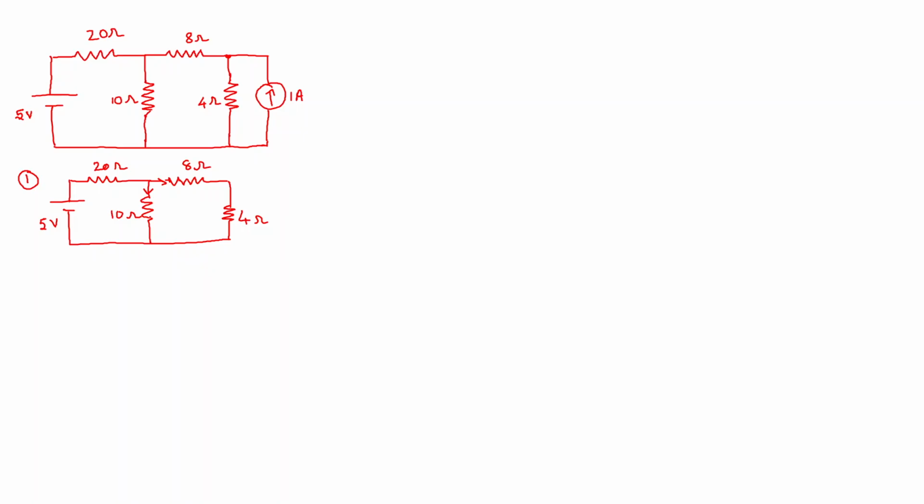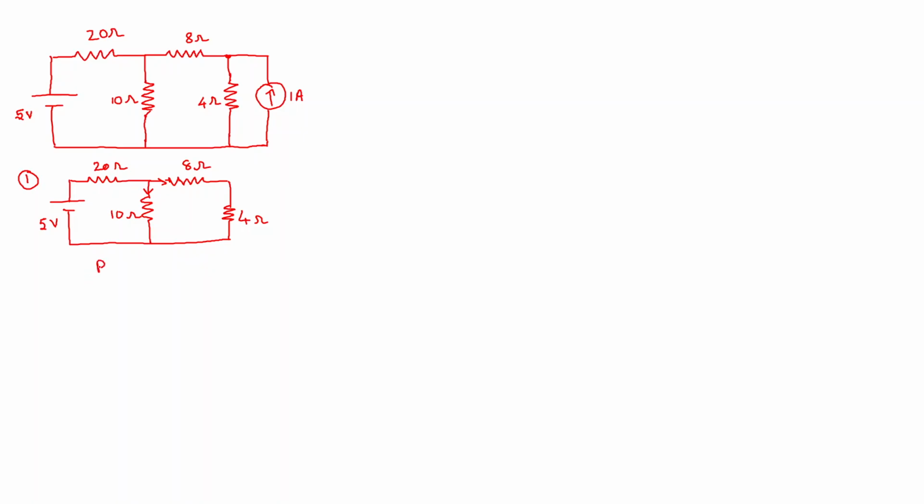The current through 10 ohms will get grounded, and the current through 8 ohms will pass through 4 ohms and get grounded. So this 10 ohms and the other branch, 8 plus 4, that is 12 ohms, are in parallel, and this entire parallel section is in series with 20 ohms.